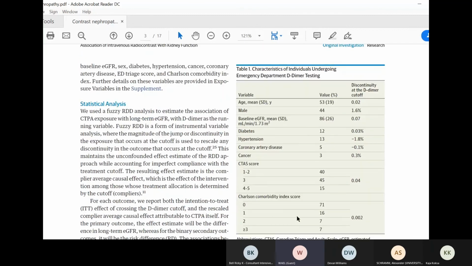As for the statistical analysis, as we said, the RDD analysis was used to estimate the association between CTPA exposure and long-term eGFR, with the D-dimer as the running variable.